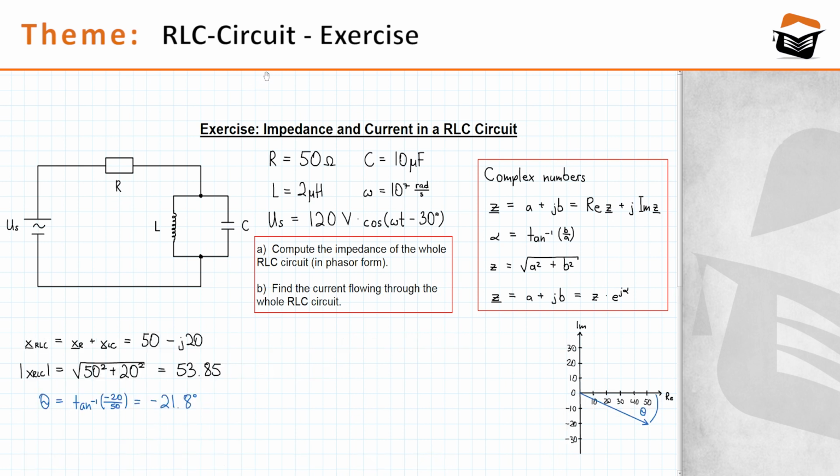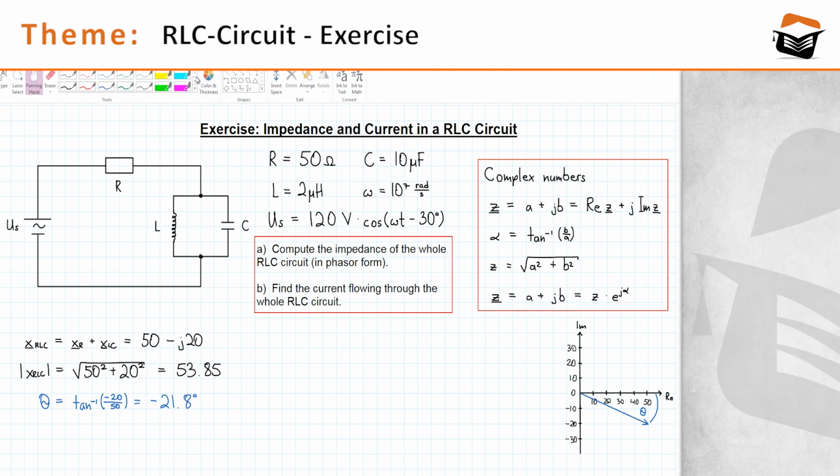The conversion from the rectangular form into the exponential form of a complex number is actually quite simple to carry out. You have this equation, and if you have your complex number expressed as a plus jb, the exponential form is going to be the absolute value of z times e to the power of j times the phase shift angle.